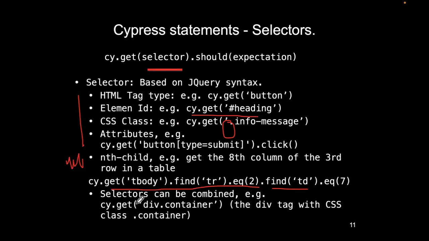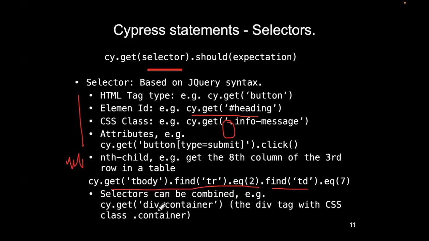So if you take this example here, the way you interpret this is I'm looking for a div element, or an element whose tag type is div. But in particular, I'm looking for a div that has the CSS class called container, because the dot always means a CSS class.